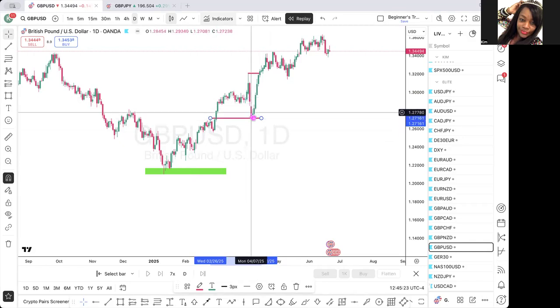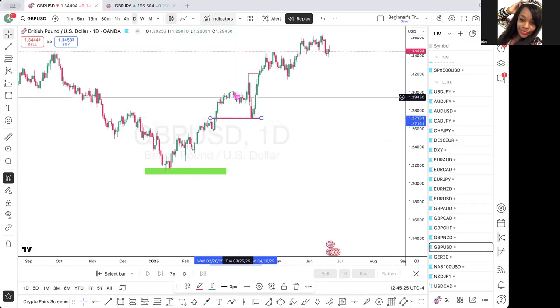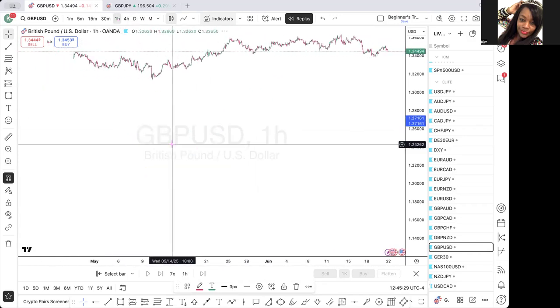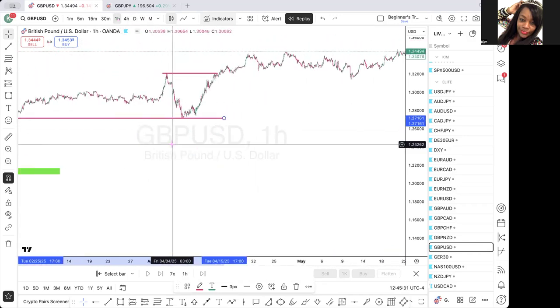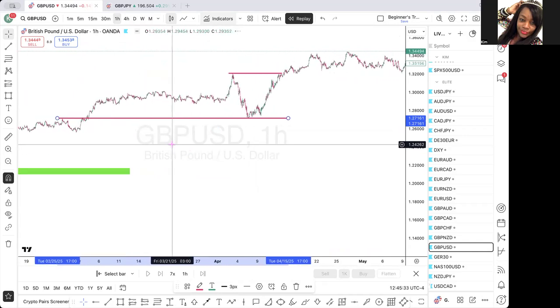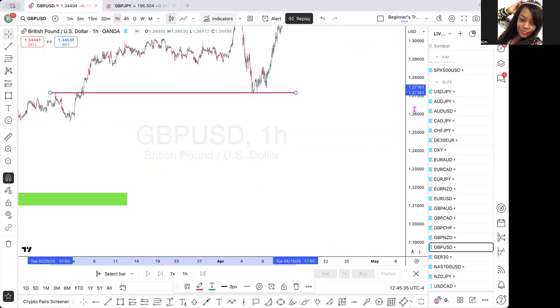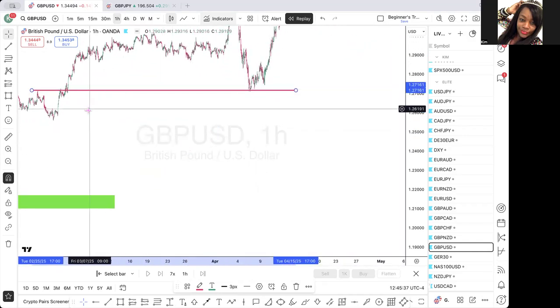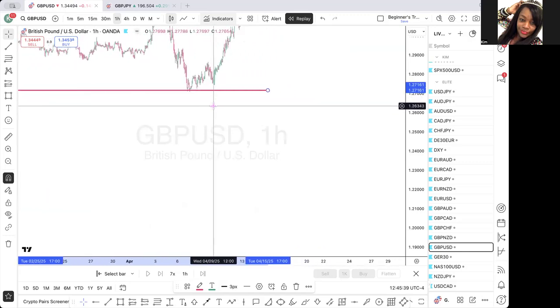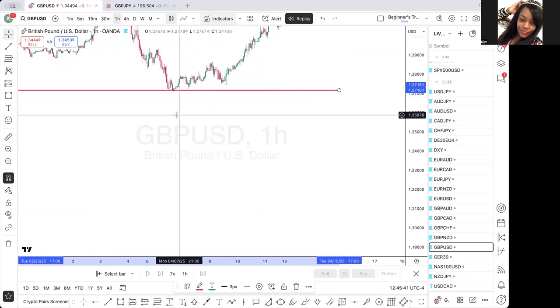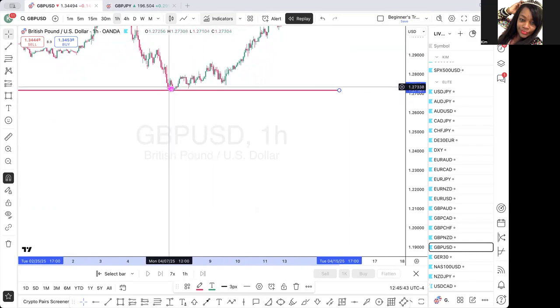So once price came back and retested that area, let's go down to the 1 hour. Again, I would have been looking for price to come down a little deeper, but if you set an alert and price is retesting that area, you could have gotten in this trade.